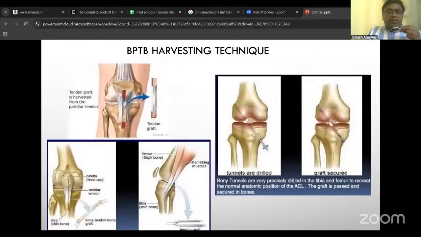Now, these are the steps of how we harvest it. We mark the patellar tendon in totality, and we mark the central 1/3 of the tendon, and the bone from both patellar side and the tibial side are harvested using a mini saw.